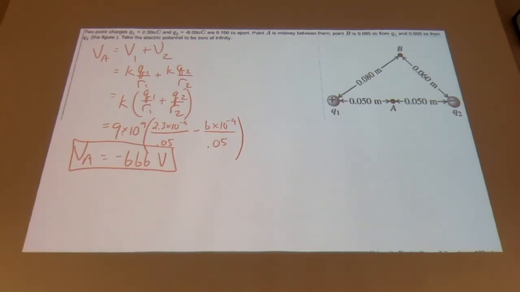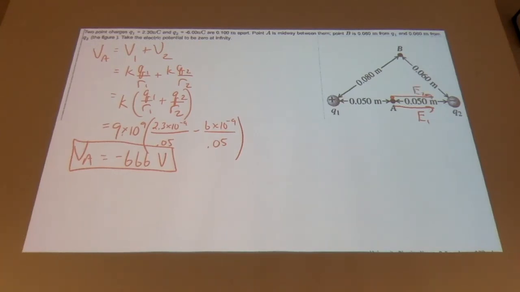Remember how we found the electric field? If I want to find the electric field at point A, first of all, I have to say, okay, let's say there's a positive charge there. Which way would it get pushed? It would get pushed this way. So E1 goes here, and a positive charge would be drawn to the other one, so I would have E2, and it would go that way.